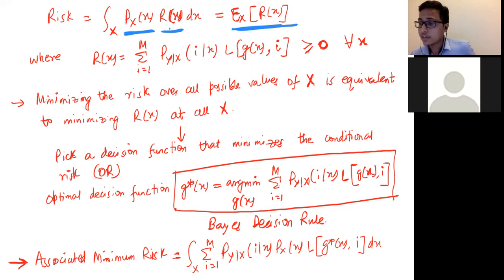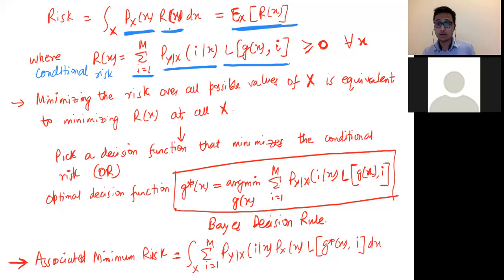And this is your conditional risk. Okay. And this conditional risk is always non-negative, because the loss function is non-negative and the probability is non-negative, and this is a summation over non-negative quantities.